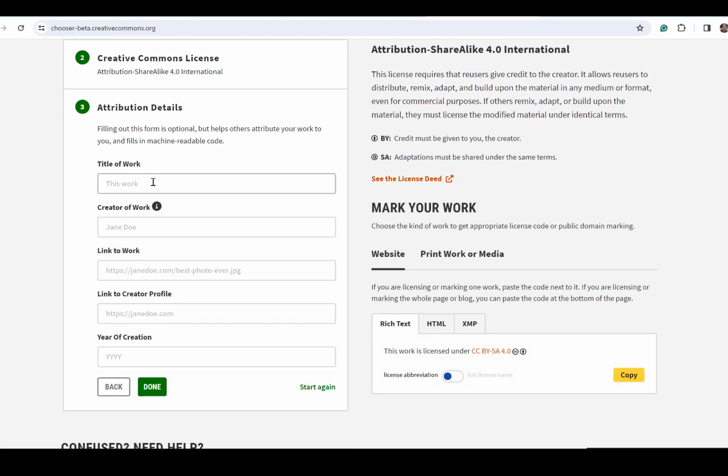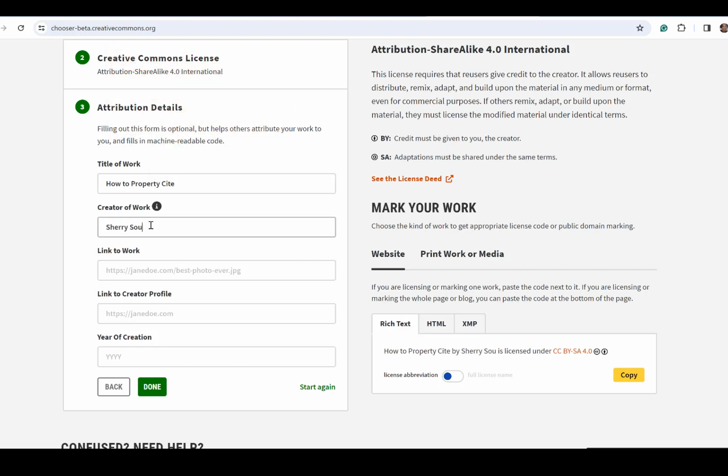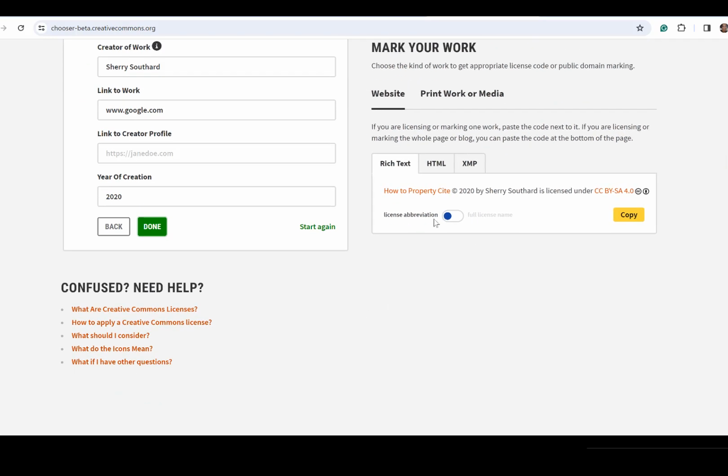So I'm going to make up something and say how to properly cite, and then the name, me, the website, I'm just going to put Google in for that, and I don't have a profile for the creator, and the date of creation. Let's indicate that this was in 2020, and then we select done. And here over to the right side we have our attribution, and all you have to do is select copy and put it in your resource.